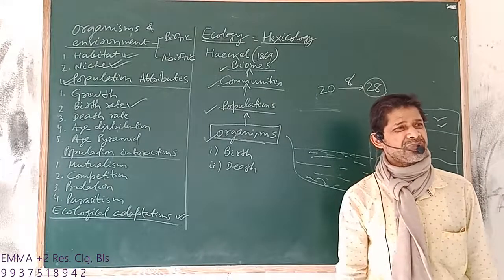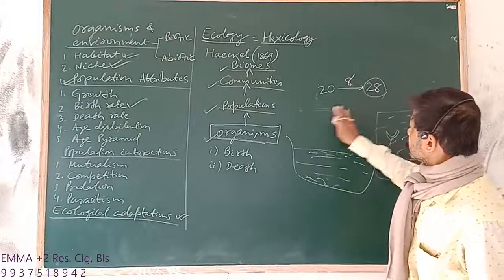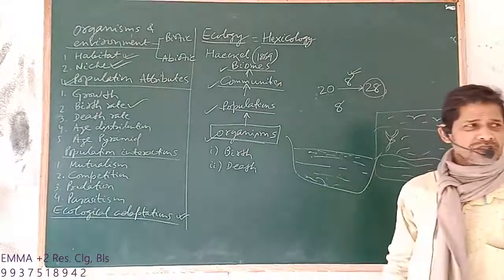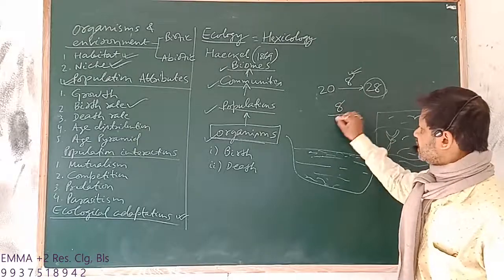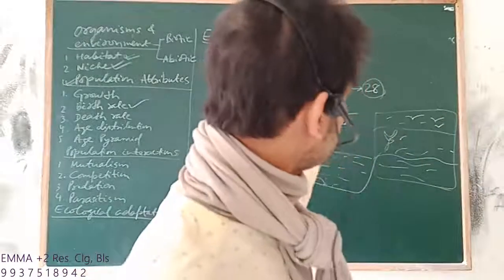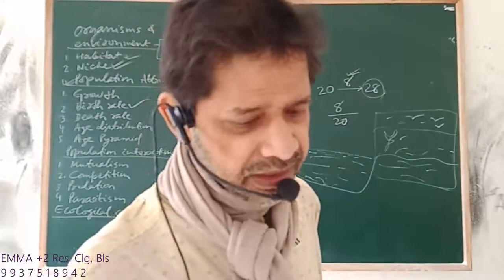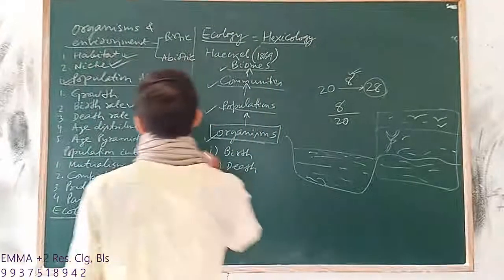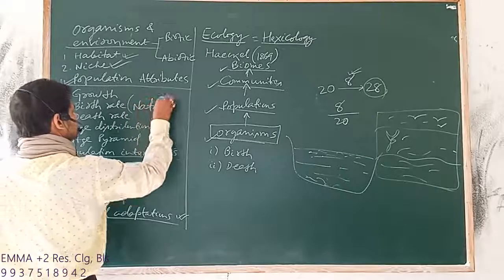So what is its birth rate? Total increase of individuals by reproduction divided by the initial population. So that is called birth rate. Birth rate is technically called natality.